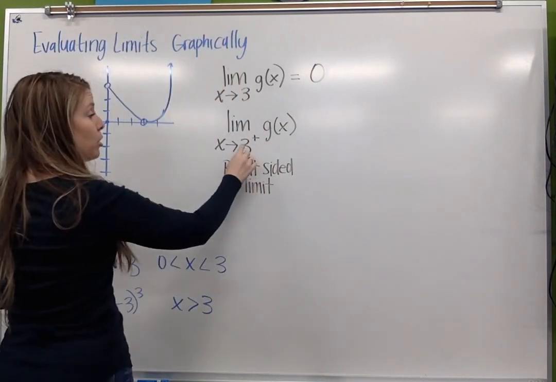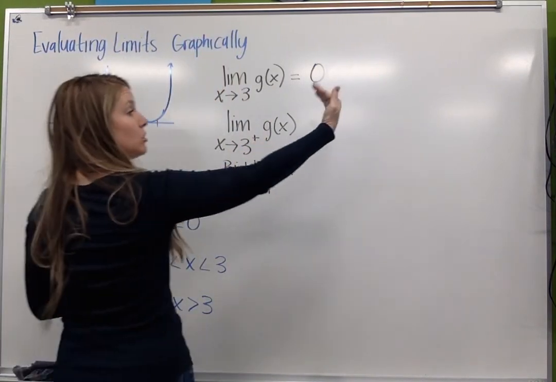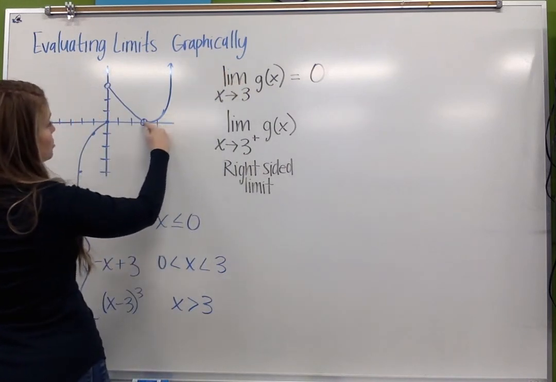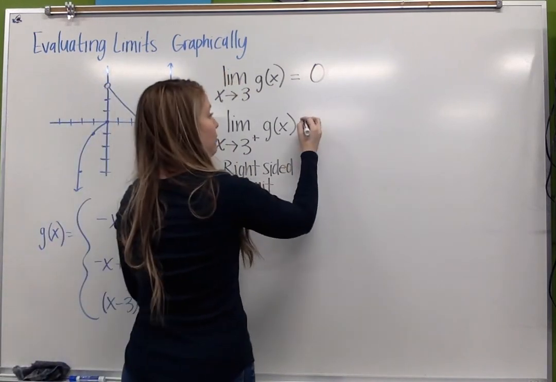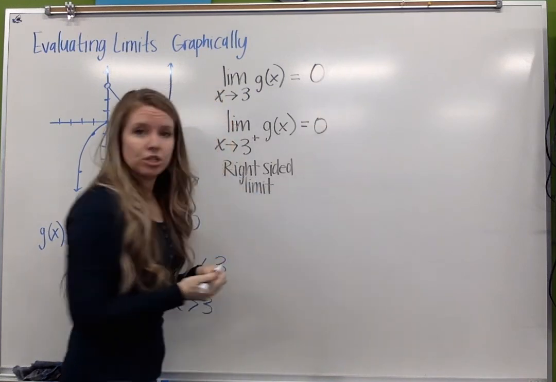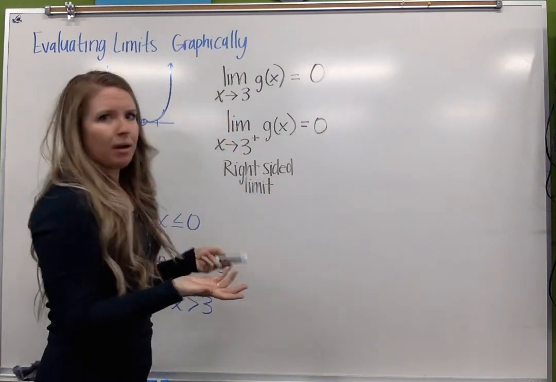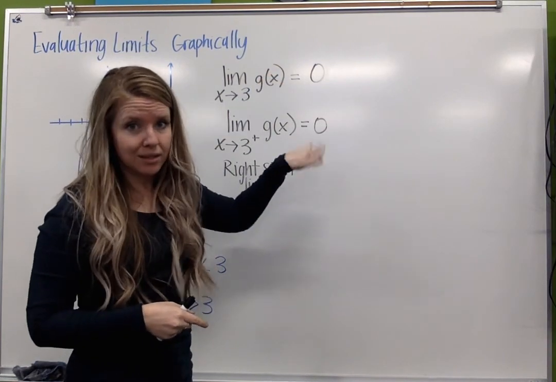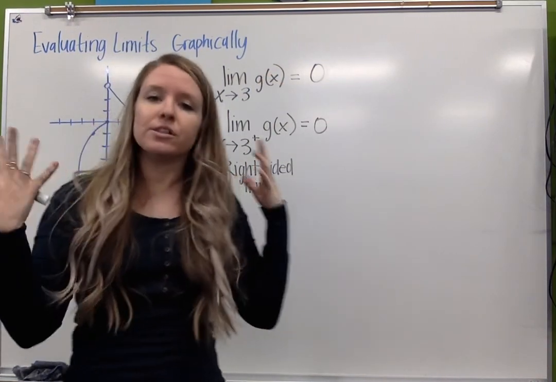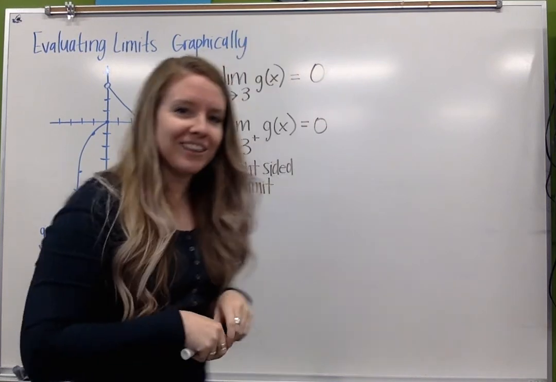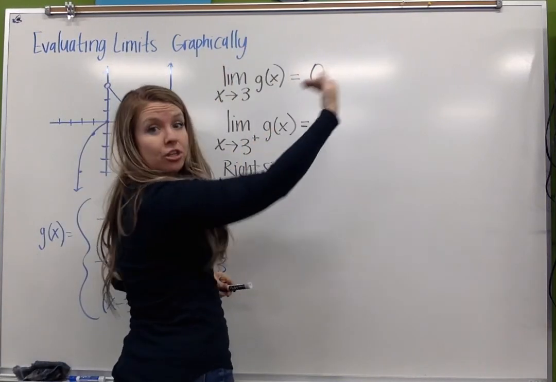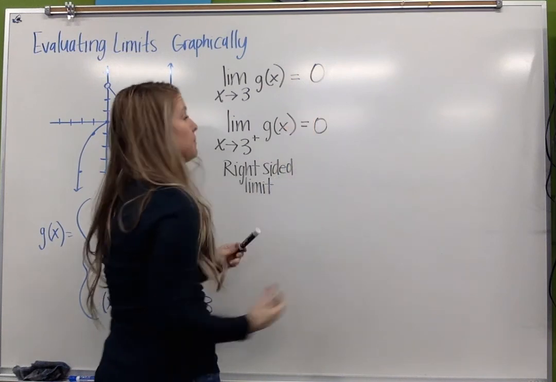As I approach 3 from the right, coming in from the right side, and as I get closer and closer to 3, that graph is approaching 0. And right now you might be thinking, well, we already know the limit is 0, so the right-handed is 0. But there's a reason we're talking about this, so we'll get there. Again, if it has a 3 plus, that means you're coming in from the right side only.